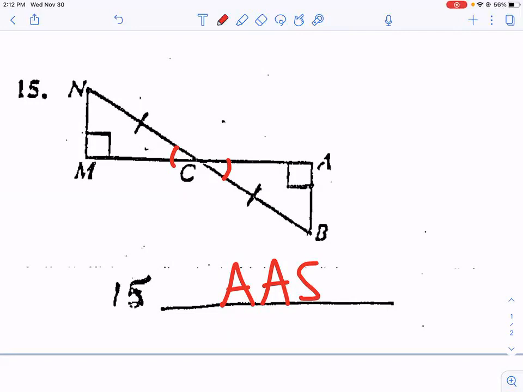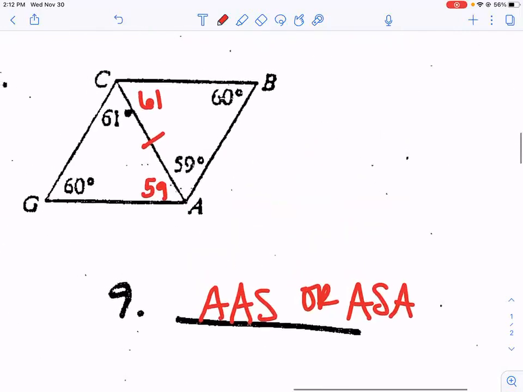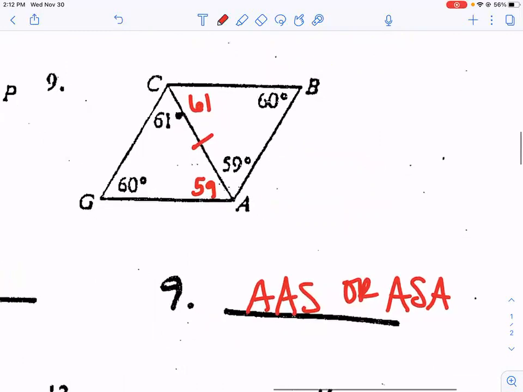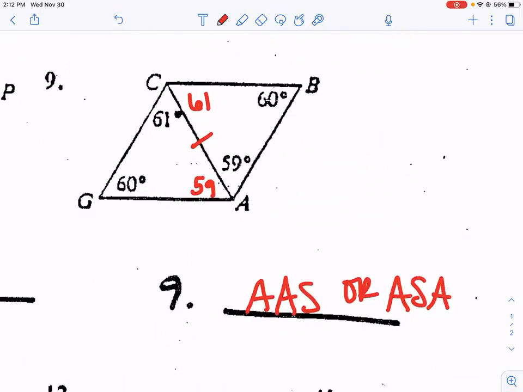Okay, so I think I'm gonna change what I want to do. I would love to go back to number 9. So I have 2 angles of my triangle, so I subtracted them from 180, and this is 59. 59 and 59 aren't the same? 61 and 61 are not the same? 60 and 60?